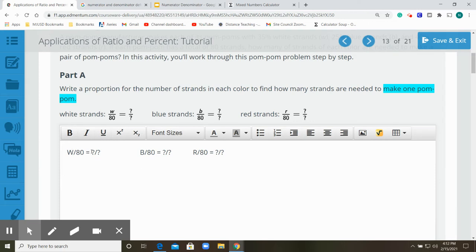So now we are going to look at the percentages and solve this out. Well, we know that percent means part of 100.